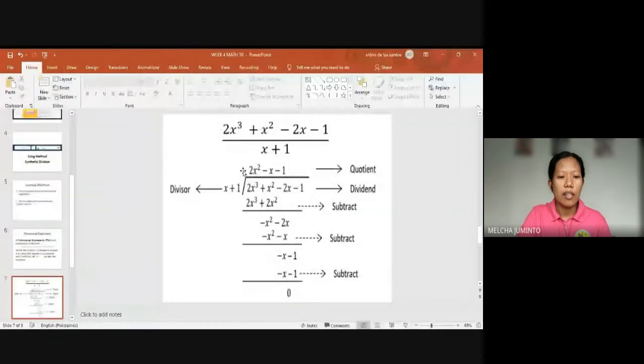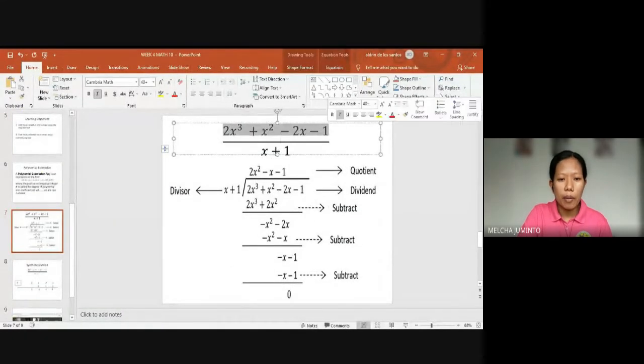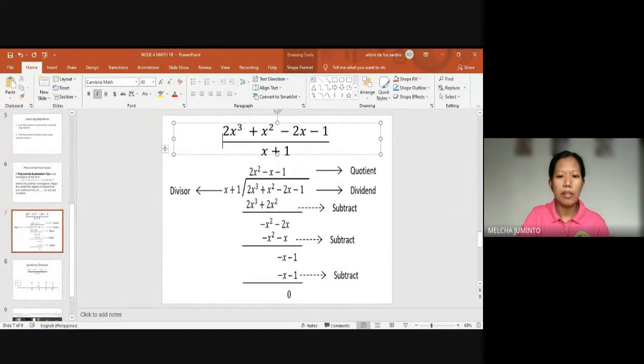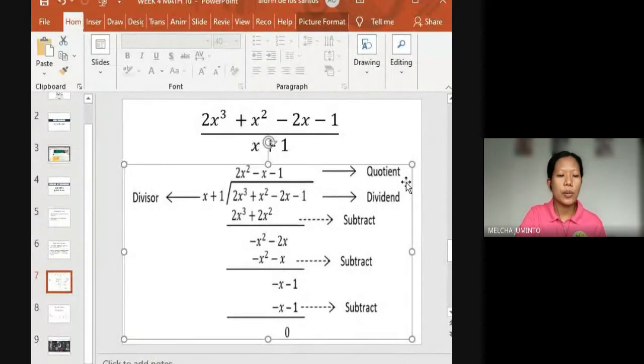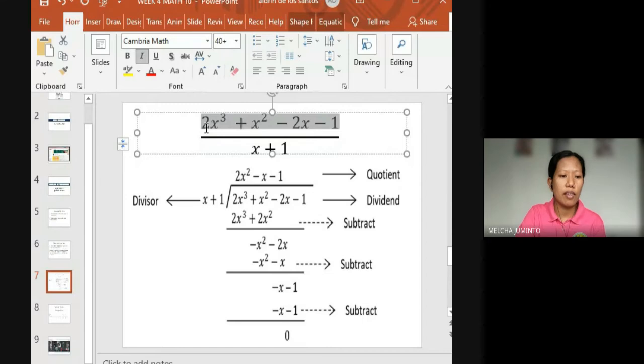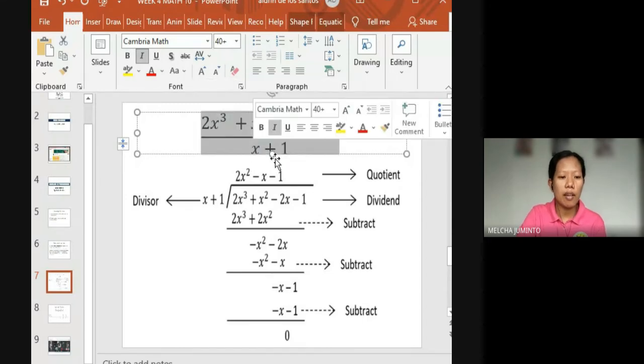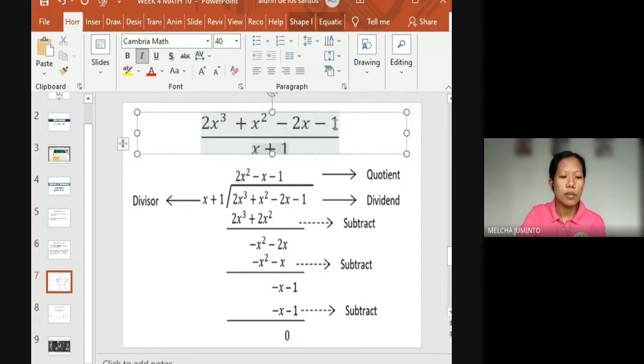The polynomial 2x cubed minus x squared minus 2x minus 1 is called the dividend, and x plus 1 is the divisor.